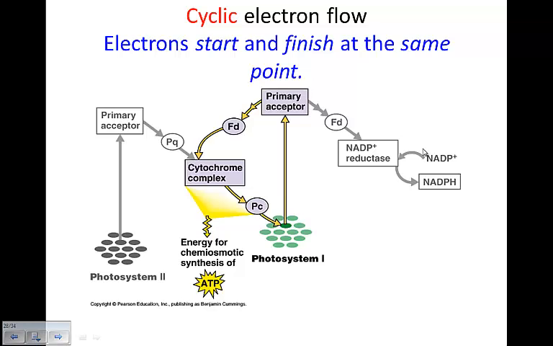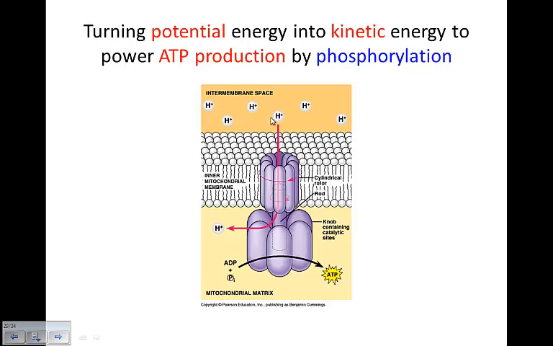All right. So in step 3, the trapped hydrogen ions, the trapped protons that are inside the thylakoid space, are released through that ATP synthase complex.